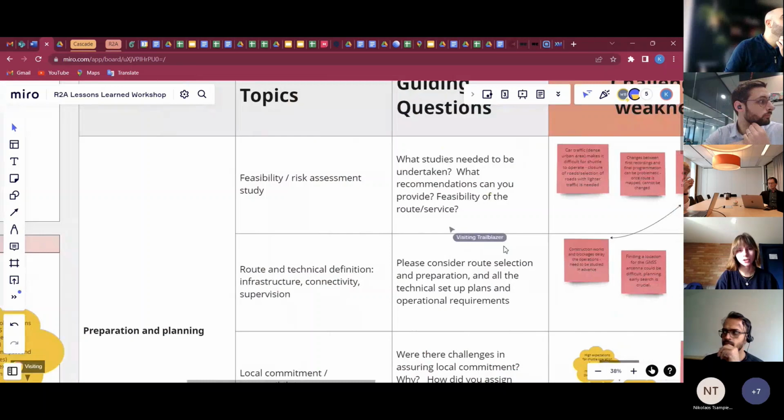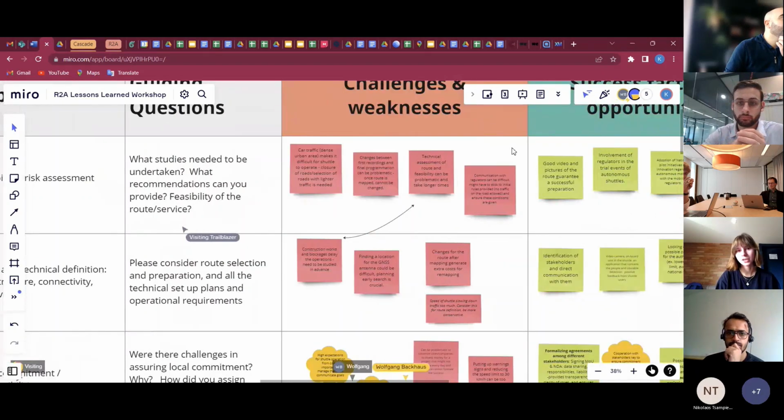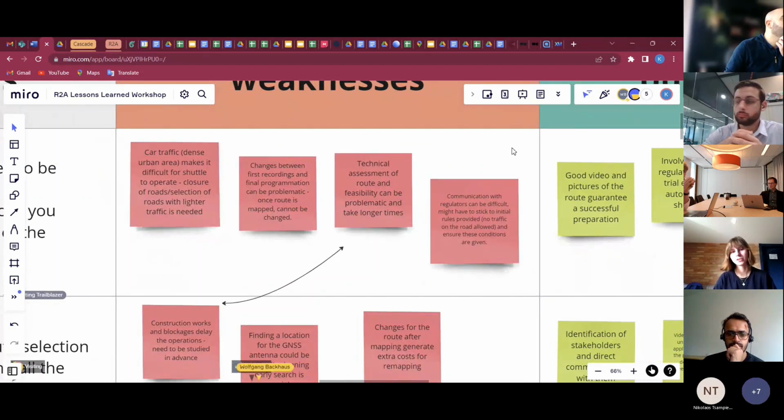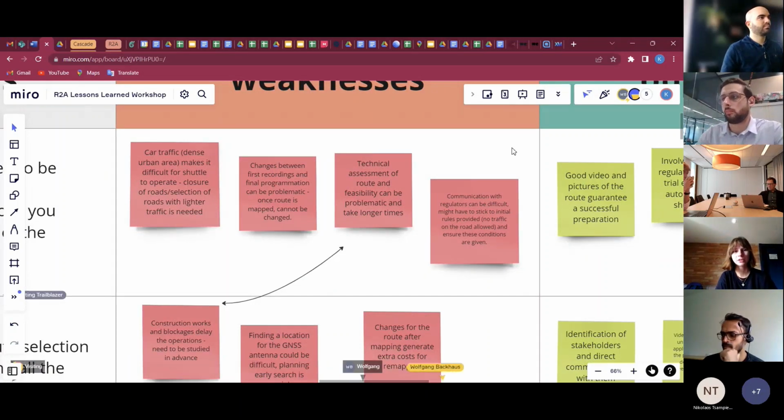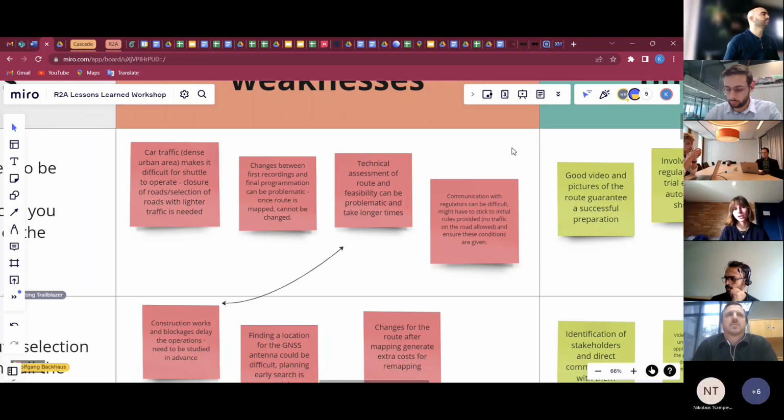So starting with preparation and planning, the most important downfalls were, first of all, the fact that car traffic in dense urban areas made it very difficult for shuttles to operate among all pilot sites, basically. So either the closure of roads was needed or selection of roads with lighter traffic.